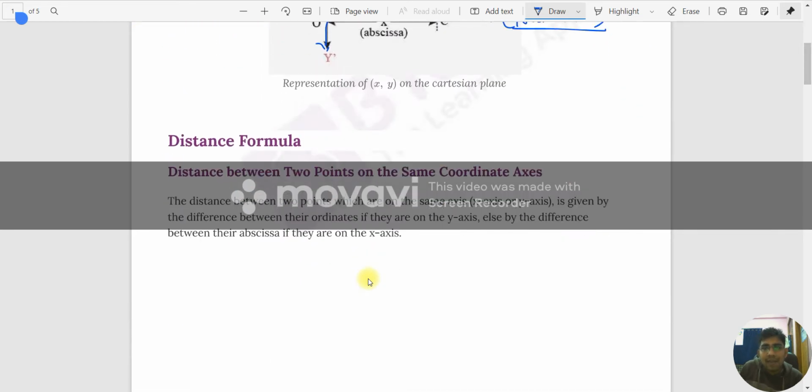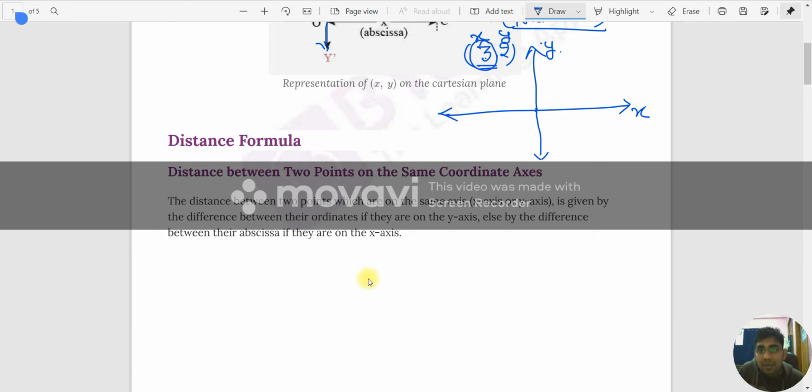So suppose we have to mark the point (3, 2) on a Cartesian plane. So what we do, we make a horizontal and a vertical line like this. This is the horizontal line called the x-axis in the Cartesian plane. This is the vertical line called the y-axis in the Cartesian plane. So first of all, here 3 means x and 2 means y. So first of all, we go on the x-axis. How much distance? Here 3 distance is given.